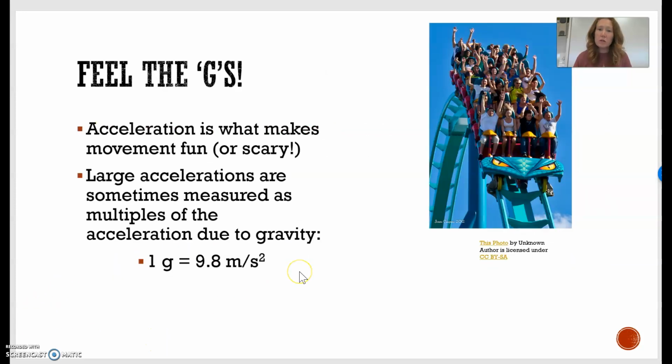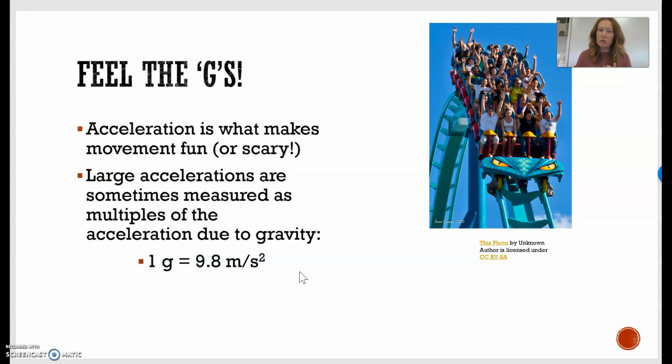When we talk about acceleration, this is a real thing that your body can feel. It is what makes movement exciting. It's not really speed, honestly, that makes motion exciting. It is acceleration. That's why I put the roller coaster picture in there. When you hear folks talking about G's, we're going to get into that later, but that's really just how many multiples of the acceleration due to gravity you are feeling when you're accelerating.